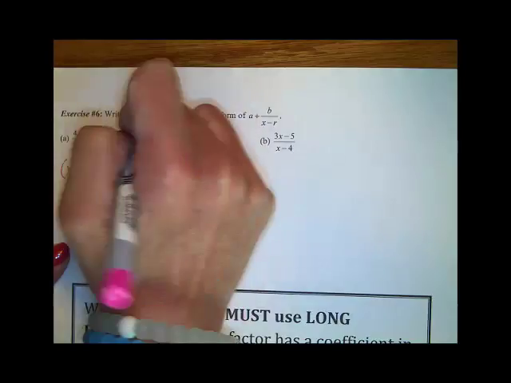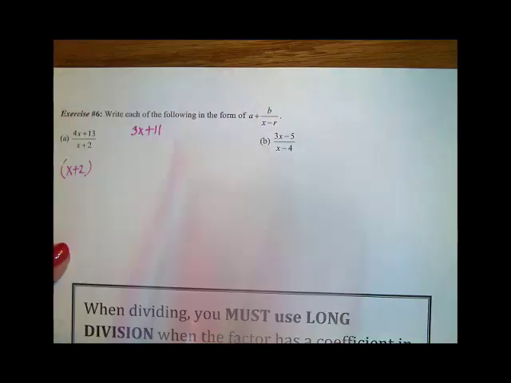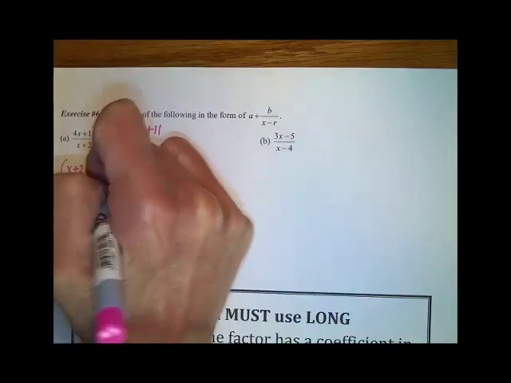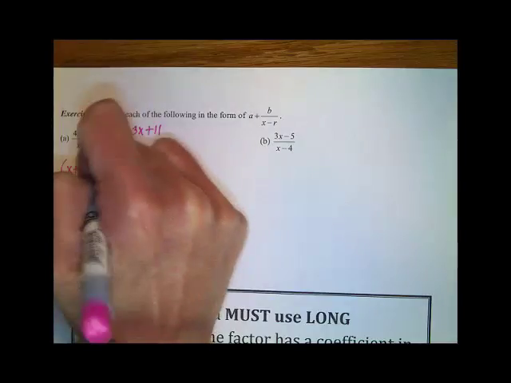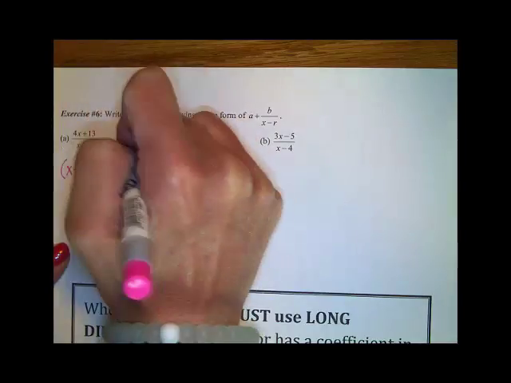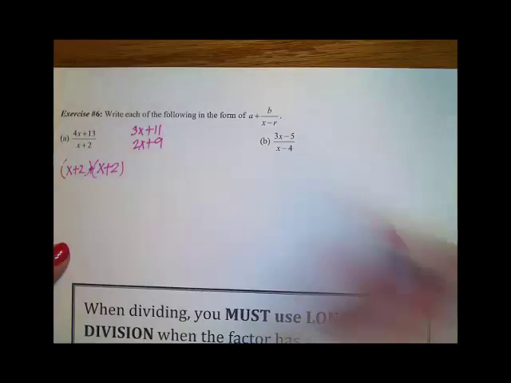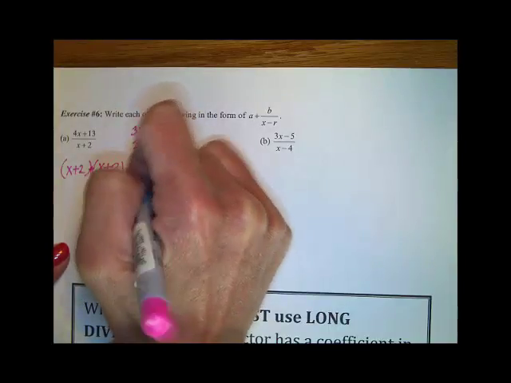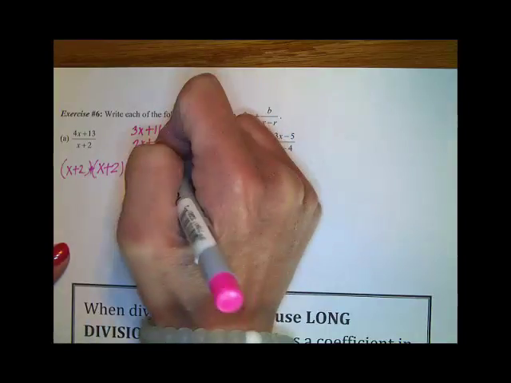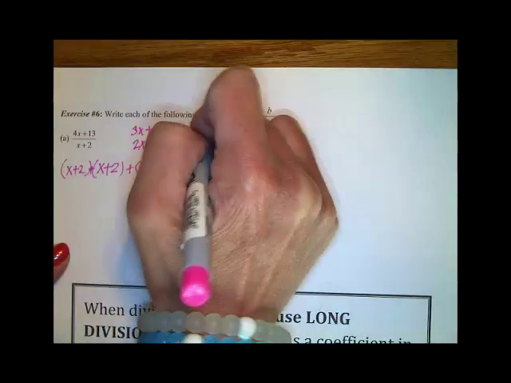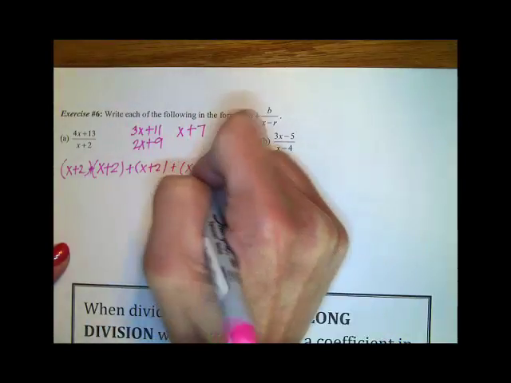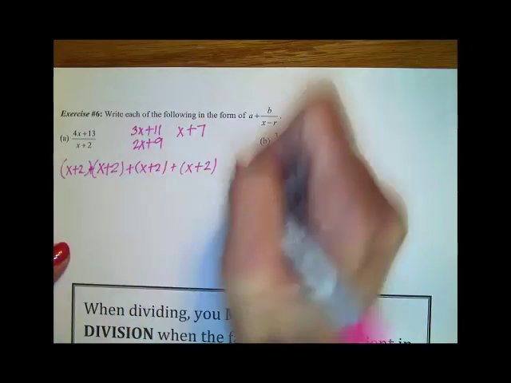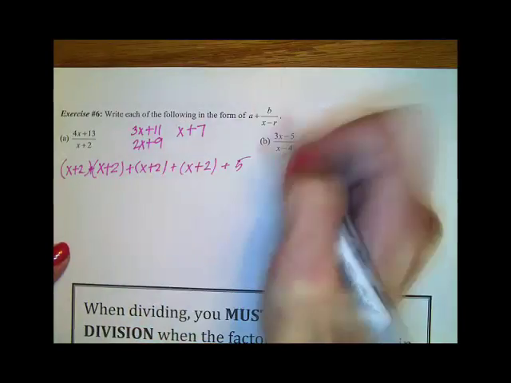Okay, so think about 3x + 11 is left. So can I take another x + 2 out? Then I would have 2x + 9 plus, I can take out another one, so x + 2, which is another x + 7. So I can take out another x + 2, and I get 5 left, right?